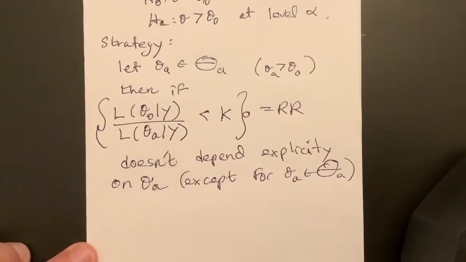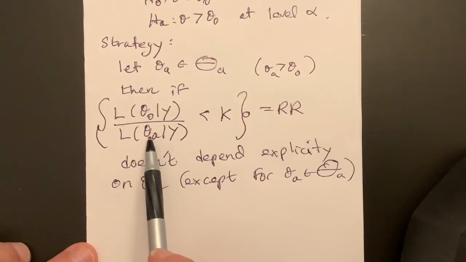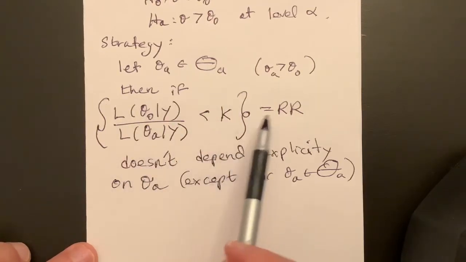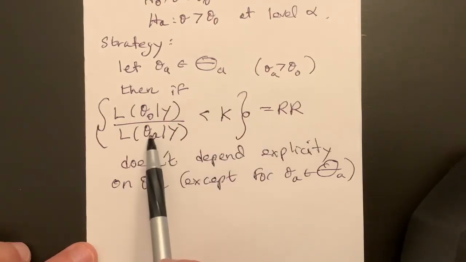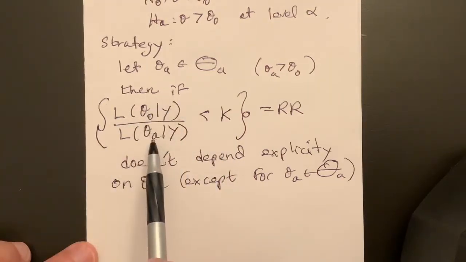So if this doesn't depend on it explicitly, in other words, somehow theta A is gone from this expression, then I must be able to use this for every theta A in there, because that's the only assumption I made, was that theta A is bigger than theta 0.